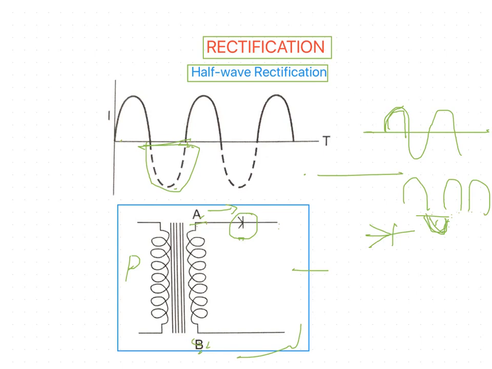So only when A is negative do electrons pass from A to the circuit and come back to B. If B is negative, the electrons would pass through the circuit and come back to the rectifier without completing the circuit, so there is no flow of current. This is about half wave rectification.